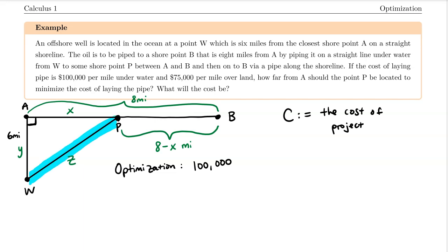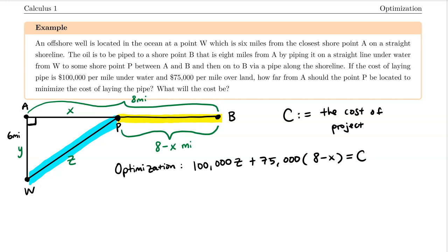So I'm going to multiply 100,000 times Z, because Z is the distance from the well to the point on the shore P. And then it costs $75,000 for all of the land portion of the pipe, which is everything between point P and point B, and we drew on our diagram that that was 8 minus X. And this is all equal to the cost.